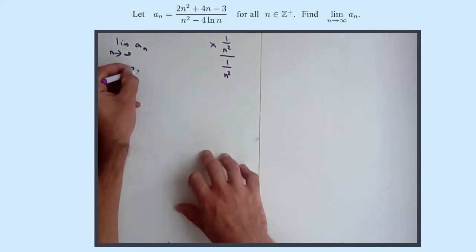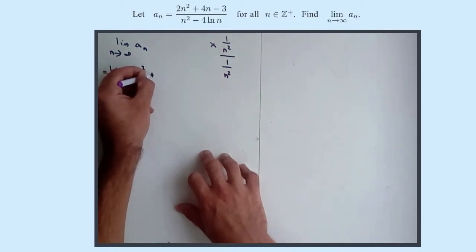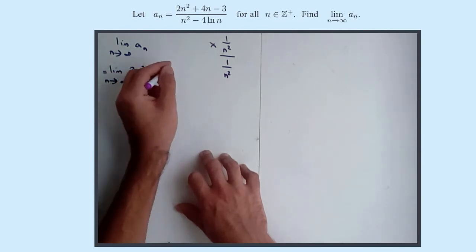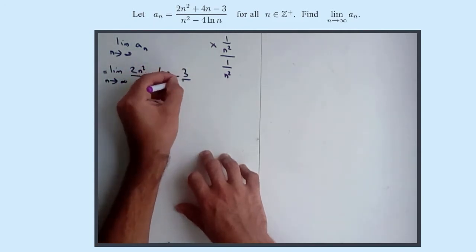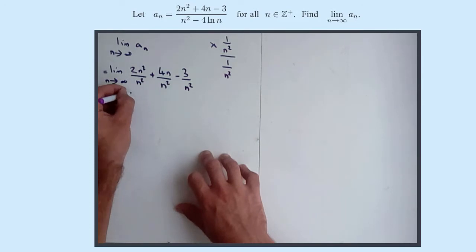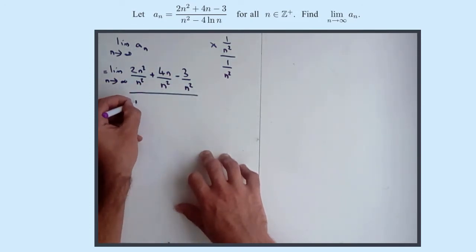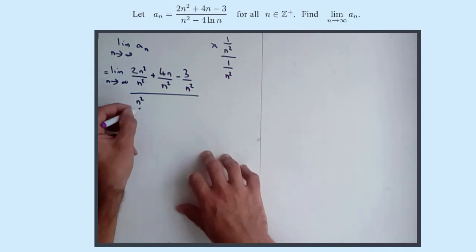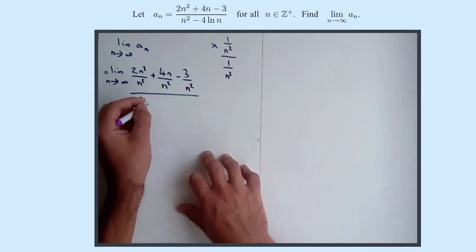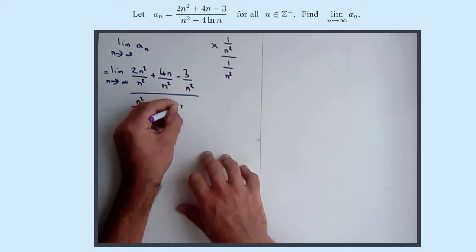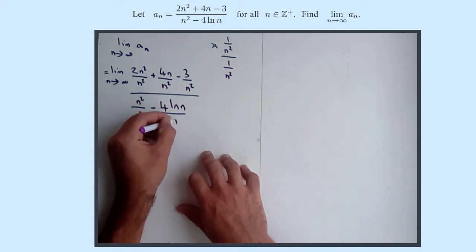So that is going to be 2n squared over n squared plus 4n over n squared minus 3 over n squared, over n squared over n squared minus 4 ln n over n squared.